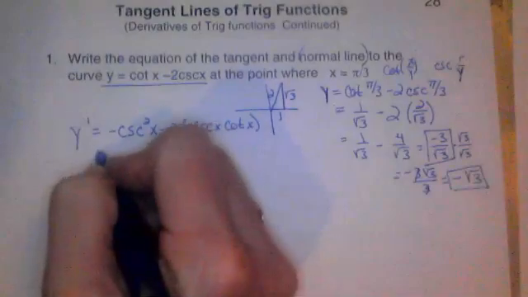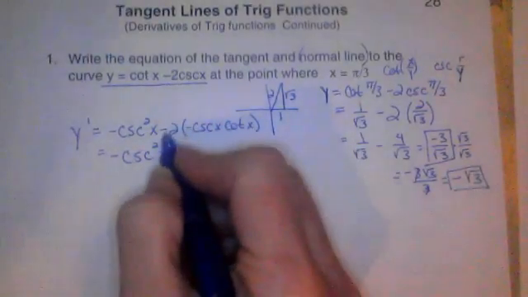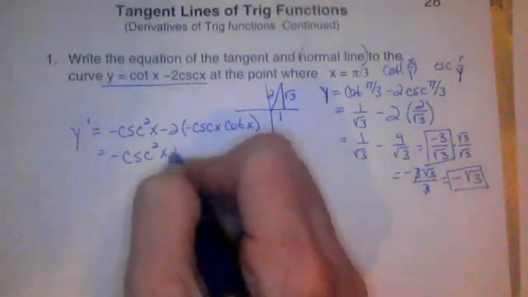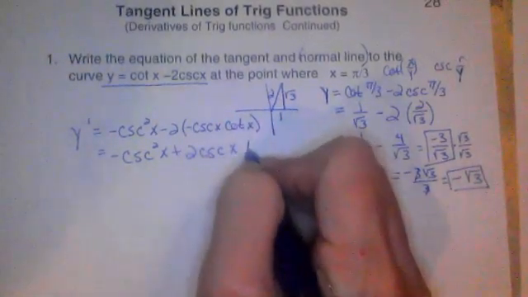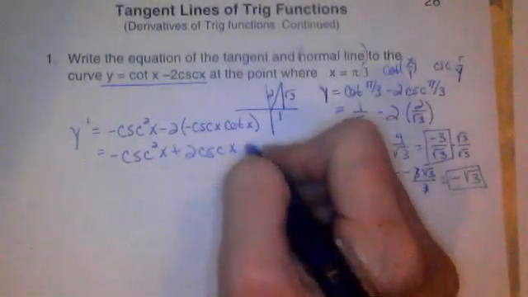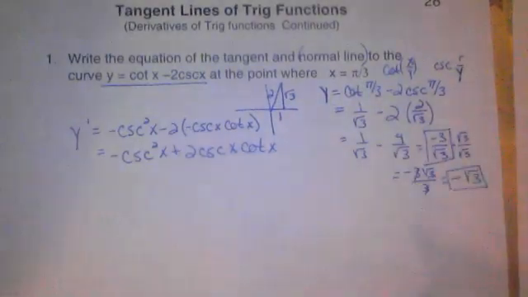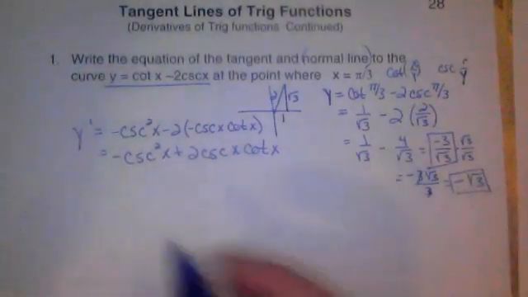All right. So we have negative cosecant squared x, and then minus 2 times negative, so plus 2 cosecant x cotangent x. All right, so now we've got to solve this one at pi thirds.